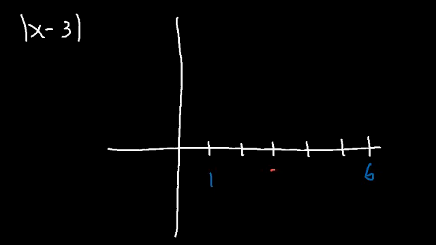So when x is 3, y is 0. When x is 1, 1 minus 3 is negative 2. The absolute value of negative 2 is 2. And when x is 6, 6 minus 3 is 3, so y is going to be 3.